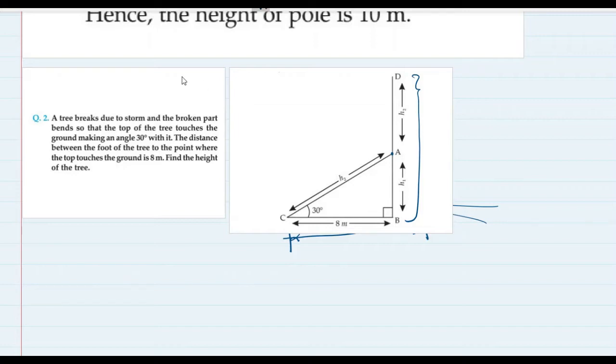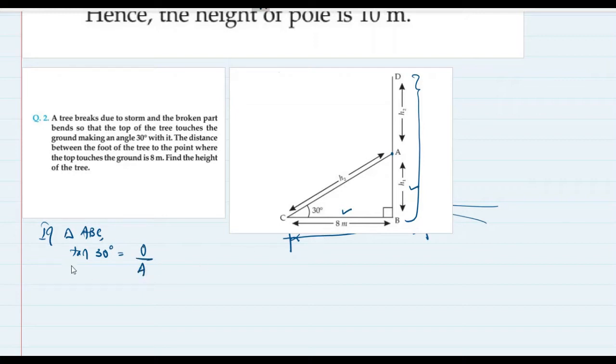So let's see how to do it. Okay, so in triangle ABC, सबसे पहले मैं बोलूंगा कि see, I have been given adjacent side, I want to find opposite. So tan 30 is equal to opposite upon adjacent.